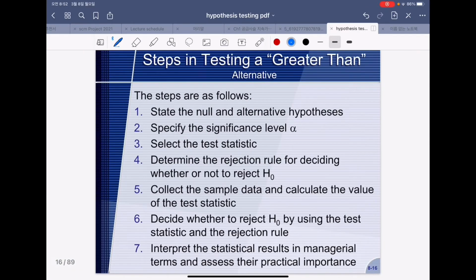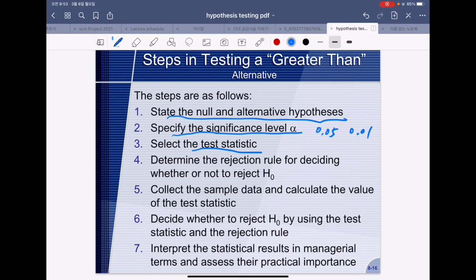Now let's go through the hypothesis testing procedure, right? So you set up hypothesis first, okay? And then you need to set the significance level alpha, right? Usually this one is 0.05, 0.01, right? And then you need to compute test statistic, right? I'll talk about this one when you do the actual example, right?